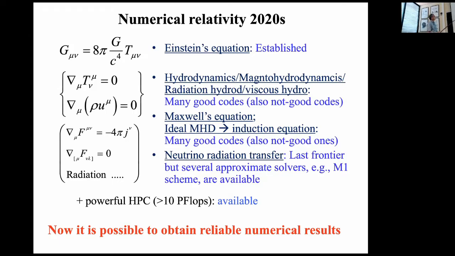And in the presence of a magnetic field, we have to solve the Maxwell equation. Also, in numerical relativity, many times we handle very high density matter, in which neutrinos play an important role. In such a case, we also need to solve the neutrino transfer equation.